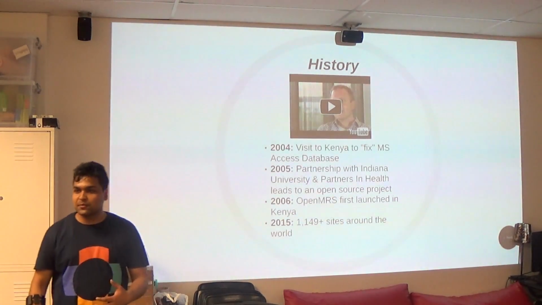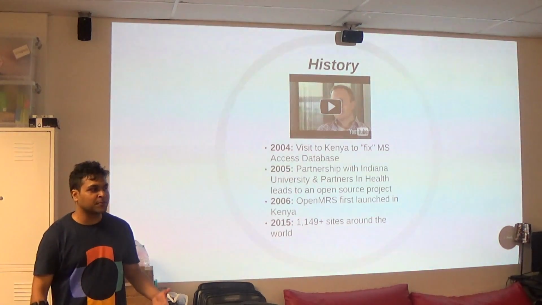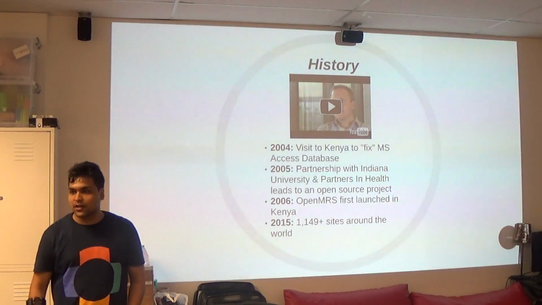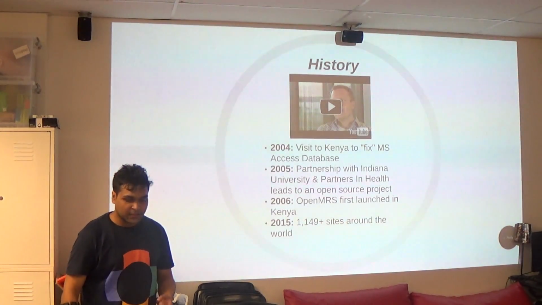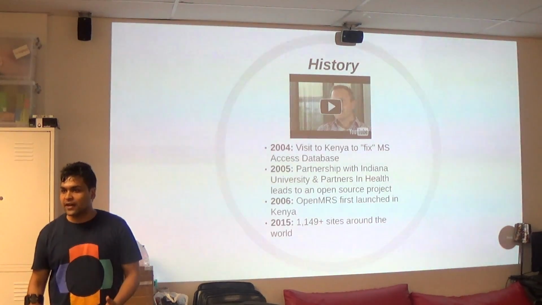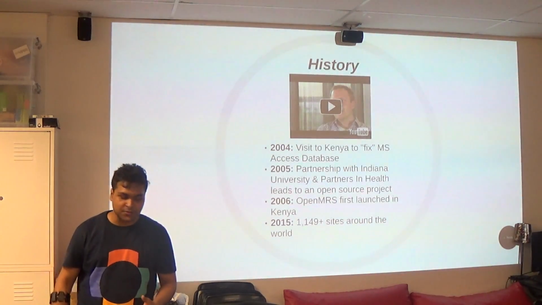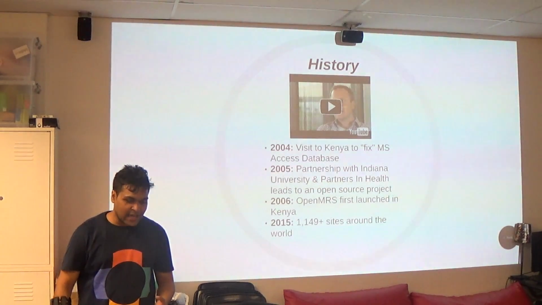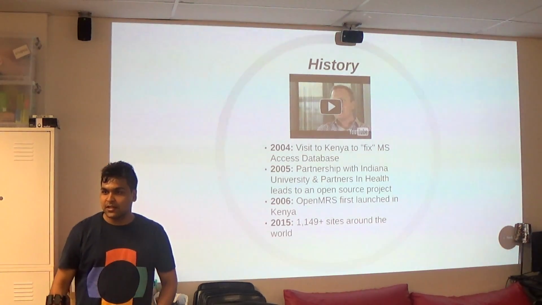OpenMRS is also working a lot on interoperability with other OpenMRS implementations or other medical record systems out there. One well-known specification for doing that is called FHIR, Fast Healthcare Interoperability Resources. FHIR has defined a diagnostic report resource.